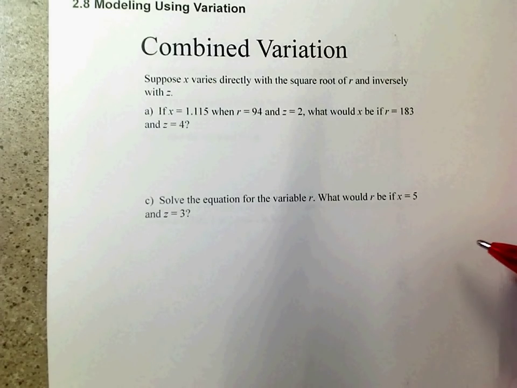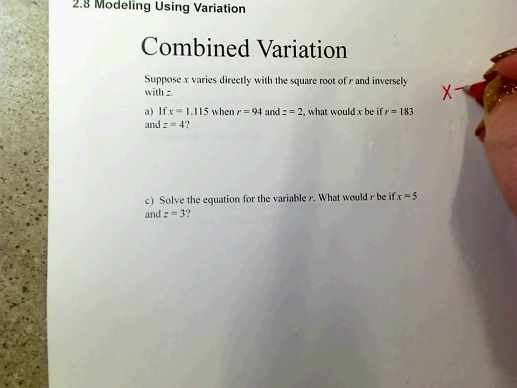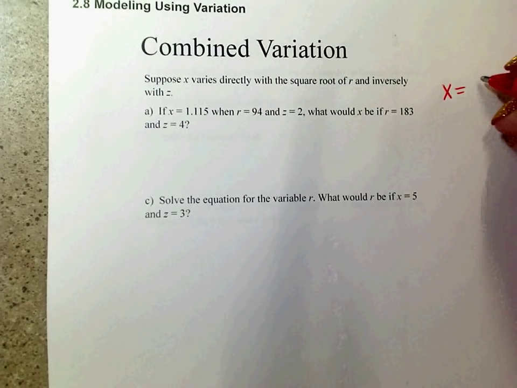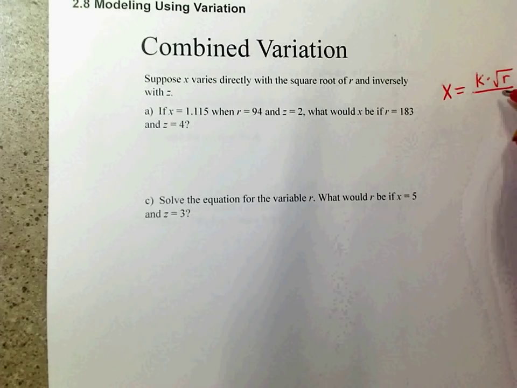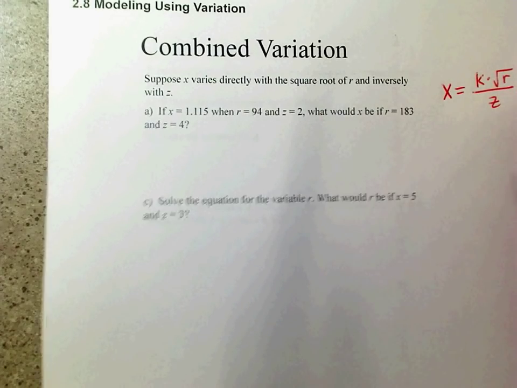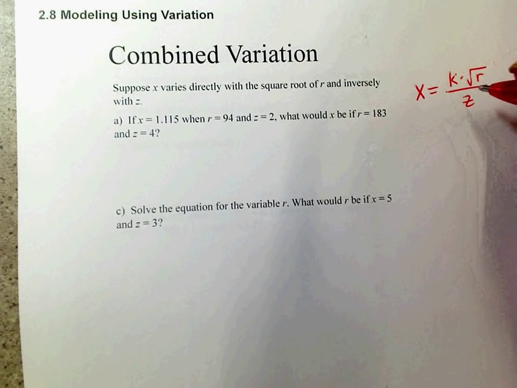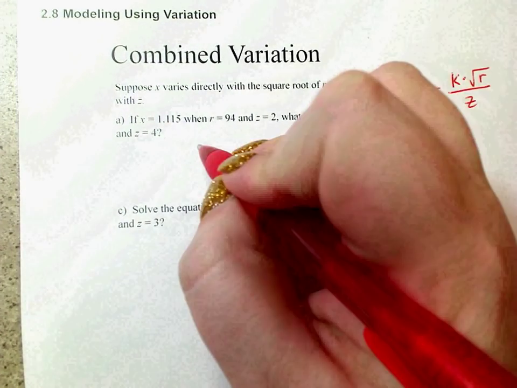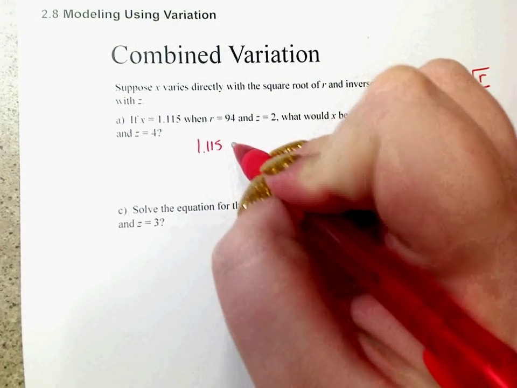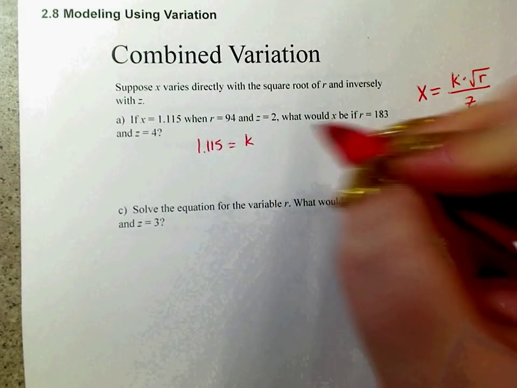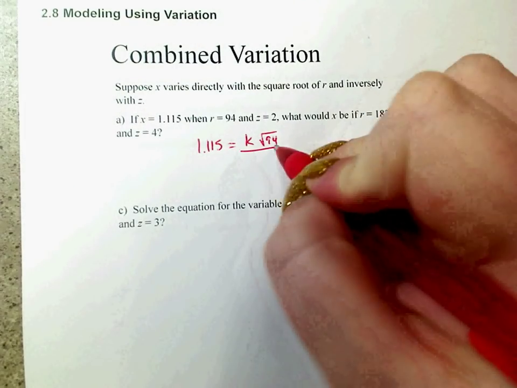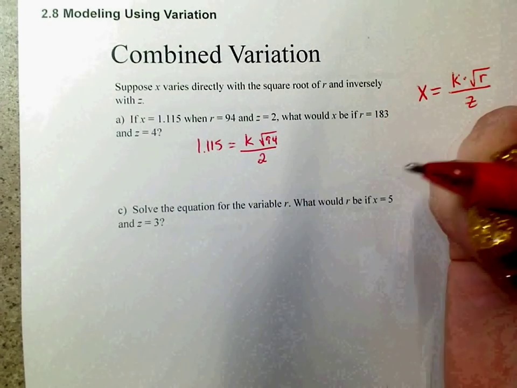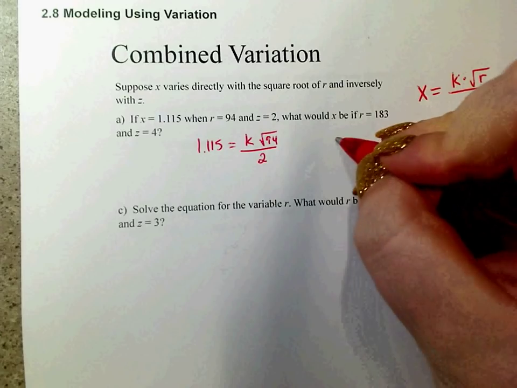So some constant of proportionality times the square root of r, and inversely proportional to z. This is my equation relating my variables. If x is 1.115 when r is 94 and z is 2, then what would x be if r is 183 and z is 4?